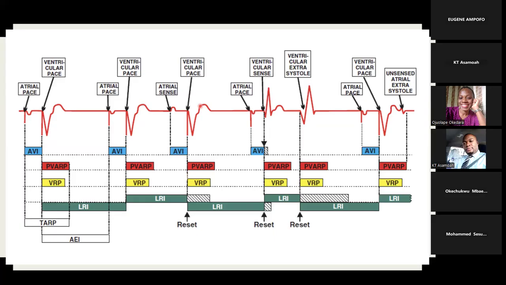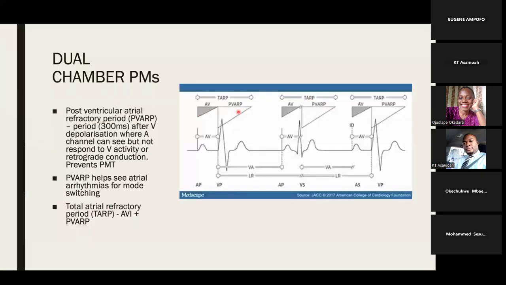But this is occurring very fast because the retrograde P wave will probably be somewhere in here. So in here, you're going to have the timing cycle starting. You probably have another QRS here, then the retrograde, and then it gives you a tachycardia. So this was referred to as pacemaker mediated tachycardia, or PMT for short.